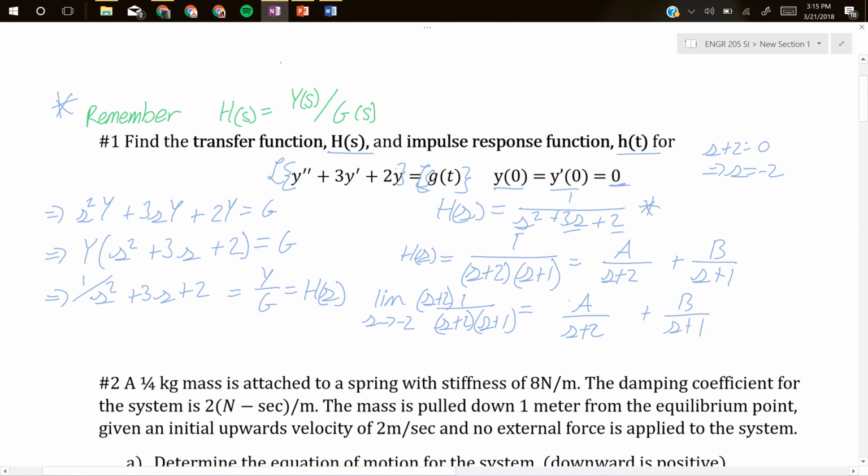And I'll multiply this entire side as well by s plus 2. And when I do that, it will cancel out with this term with A, but it won't cancel out with B. So I'll rewrite this as A plus B times (s plus 2) over s plus 1. And I need to make sure I keep track of my limit as well.